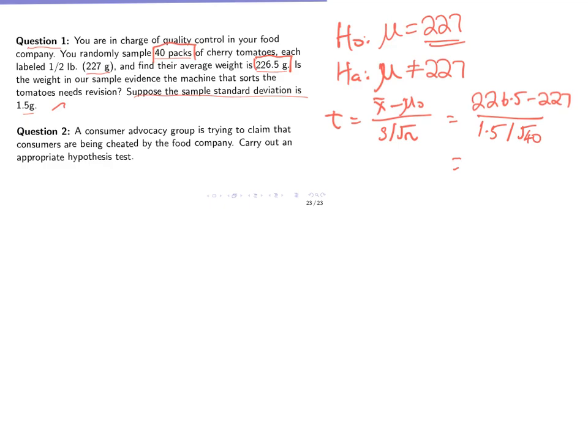If you work this out, and hopefully I did this correctly, this test statistic is negative 2.108.